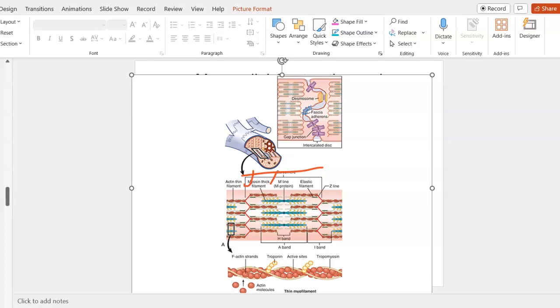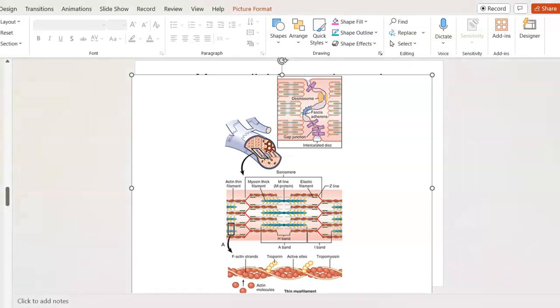What will happen is actin will slide across the myosin, which grabs onto it and moves it, and it shortens the whole cell. If that happens across all the cells, it'll shorten the heart itself and cause that contraction. And then when the contraction is done, it relaxes, those bonds release, and they come apart.